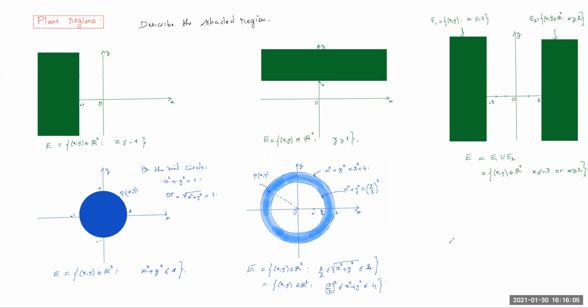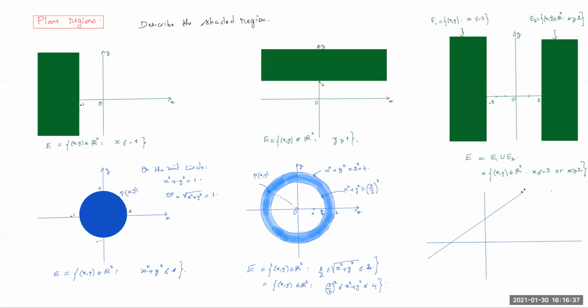Yes, there are many other sets. For example, we also have a situation like this one, with a line.